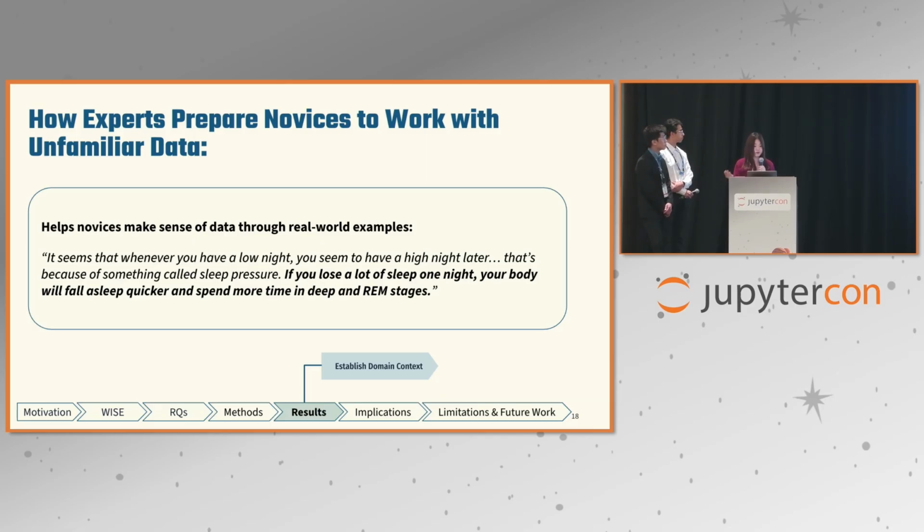He used a real-life example here: "If you lose a lot of sleep one night, your body will fall asleep quicker and spend more time in deep and REM stages." Actually, in this dataset, REM stages is one of the fields in the dataset. So to help the novice actually make sense of the data, this expert tried to provide a lot of real-life examples.